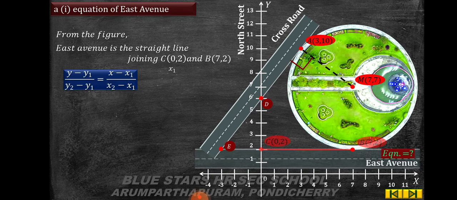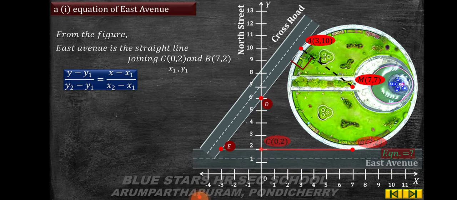If you have 2 points, using the two points formula, you can find the equation of the straight line. So the formula is (y minus y1) divided by (y2 minus y1) is equal to (x minus x1) divided by (x2 minus x1).